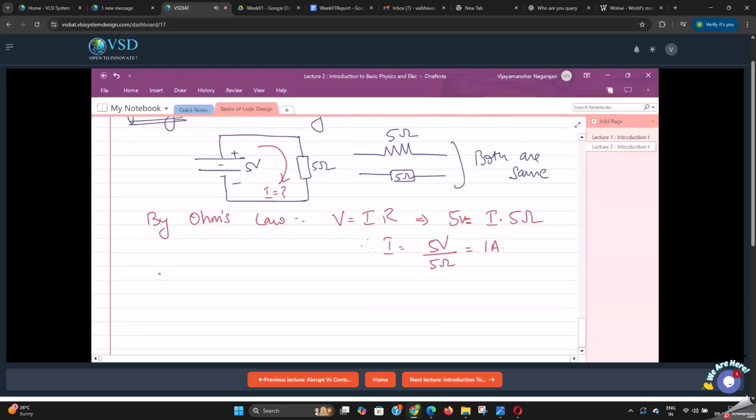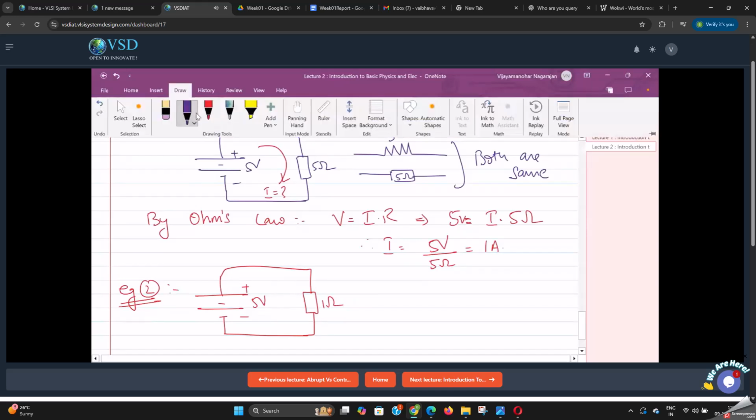In the same circuit, instead of 5 ohms, if I put, let's say, 1 ohm resistance, what will be the current that is flowing?